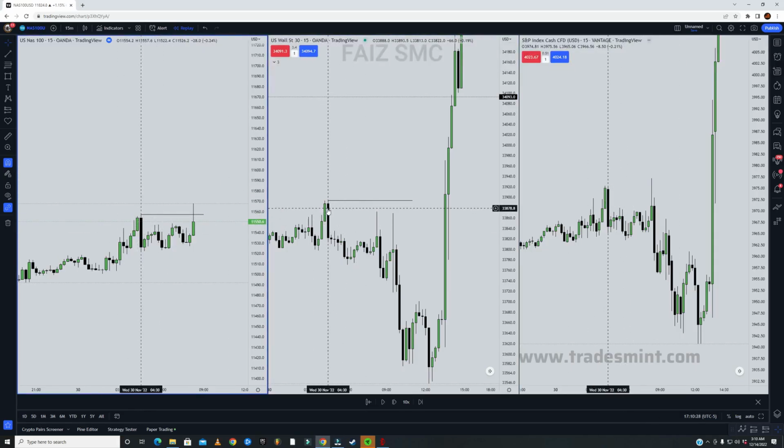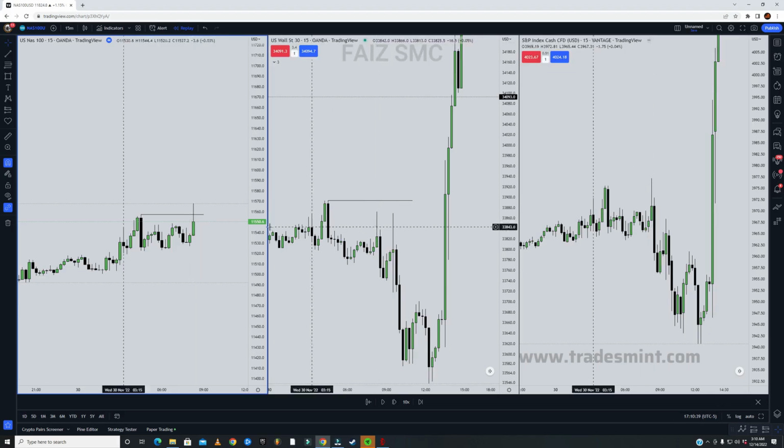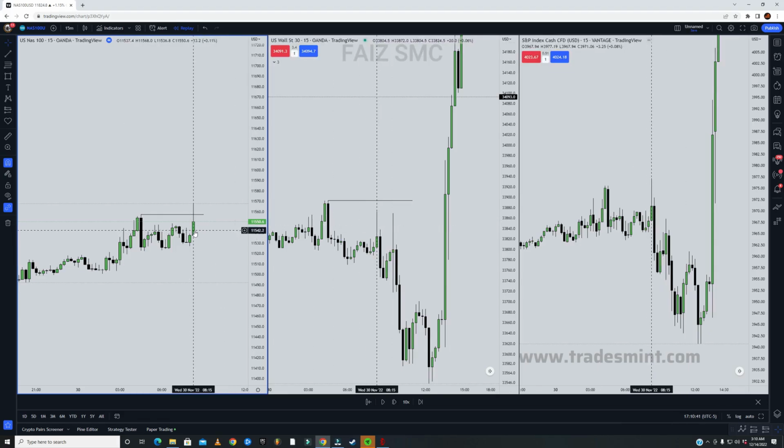You can clearly see that this candle on US 30 price failed to create a higher high. It just kept on going down. This exact reference candle swept the liquidity. You move your pointer to that candle and look at this candle. It did not sweep the liquidity. So we can trade this pair.